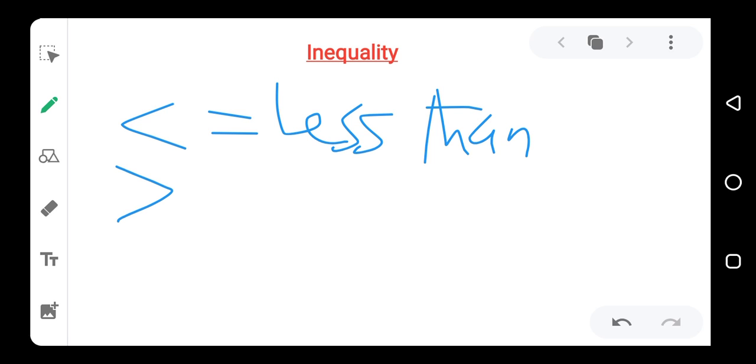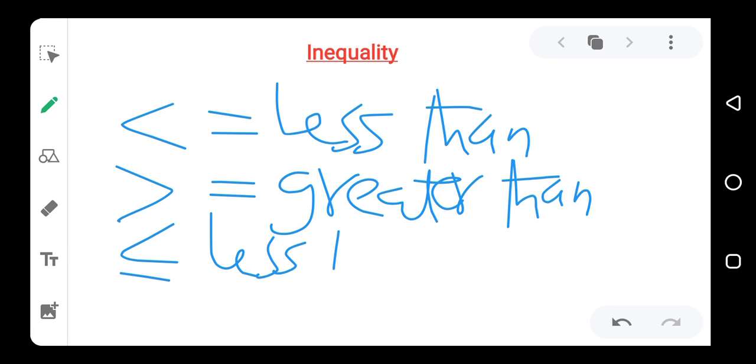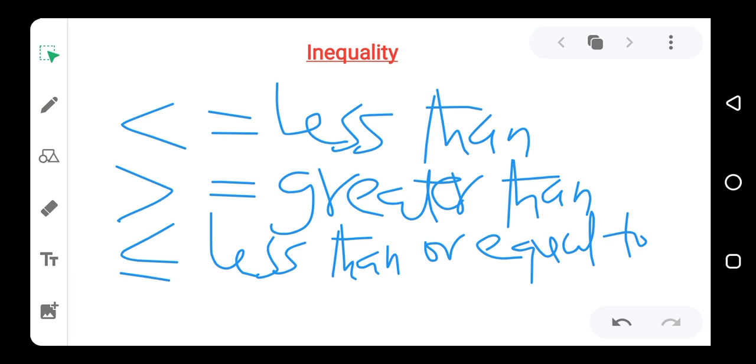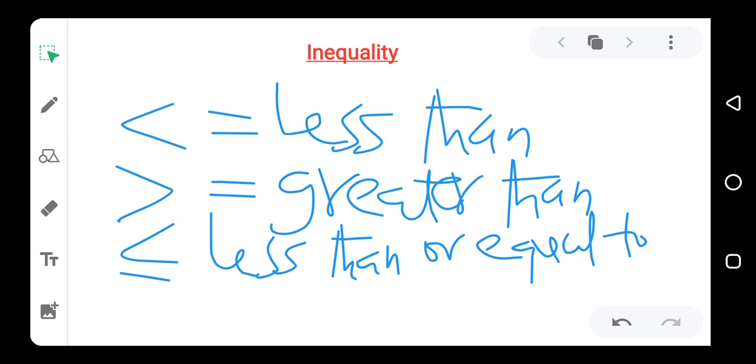This, which means less than, this one, which means greater than, then this one, which means less than or equal to, then we are also going to look at this one, which means greater than or equal to.